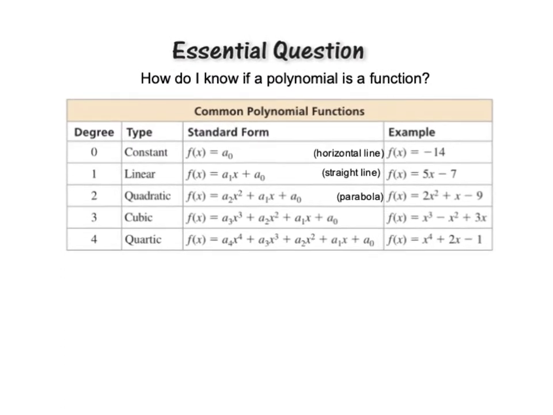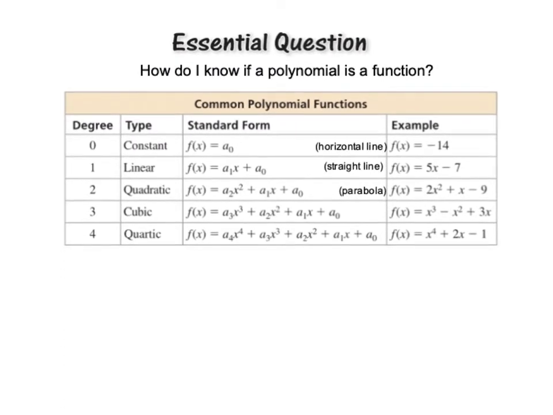Okay, so then some different types of polynomial functions based on the degree. Remember, the degree is just that highest exponent value. So if you have a degree of 0, that means you have like x to the 0 power, which would be just a horizontal line, like y equals a number. That's called a constant.